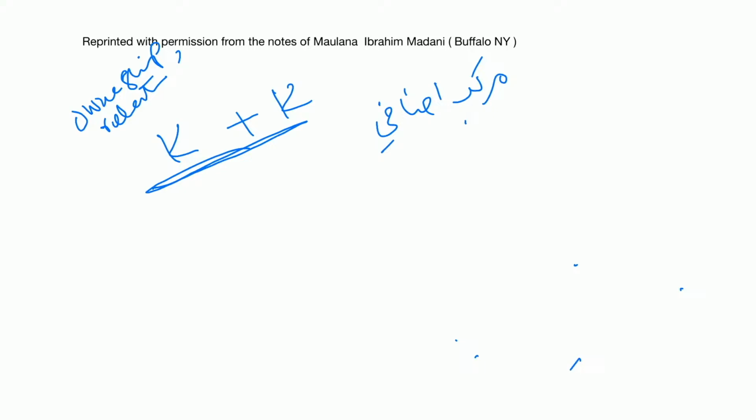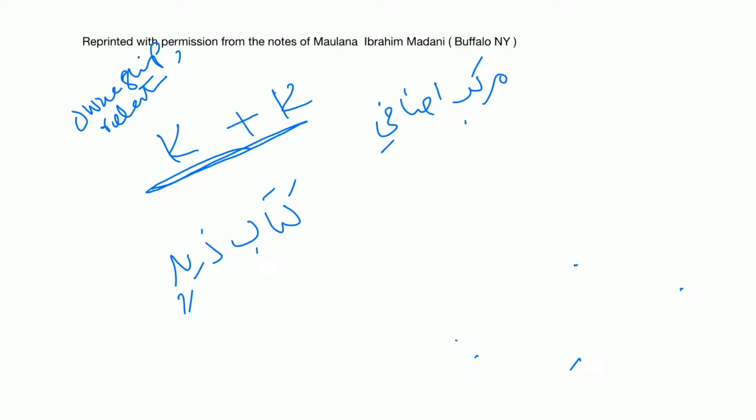Like for example, you say Kitabu Zaydin. So this is murakkab naqis. Okay, Zayd's book. Zayd ka kitab. So the sign of murakkab idafi in Urdu is ka ki. Zayd ka ghar. Zayd ka qawm. समझ गए ना मेरी बात?